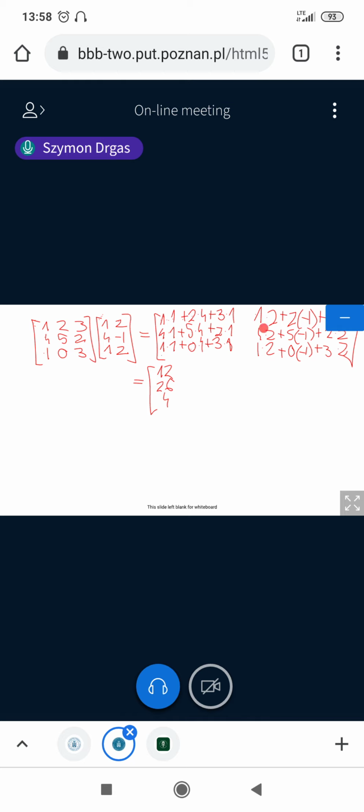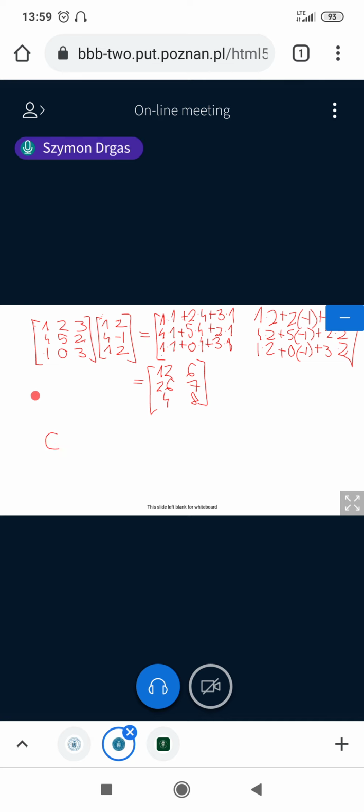And the second column is 2 minus 2 is 0 plus 6. 8 minus 5 is 3 plus 4 is 7. And 2 plus 6 is 8. So that's the result.